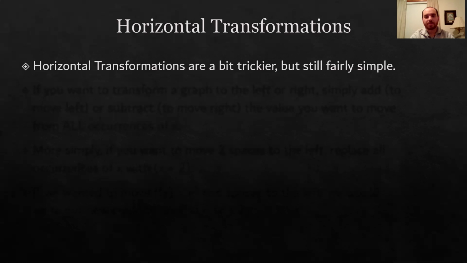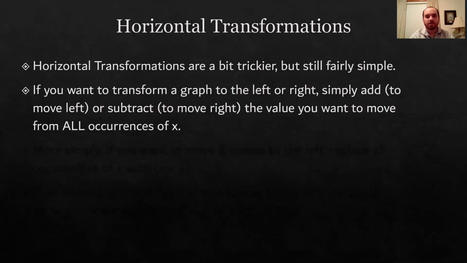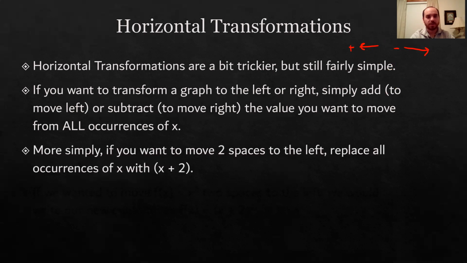Horizontal transformations are a bit trickier, but they're still fairly simple. If you want to transform a graph to move to the left or the right, simply add to move to the left, or subtract to move to the right, from all occurrences of x. So for instance, if we want to move 2 spaces to the left, we replace all occurrences of x with x plus 2.